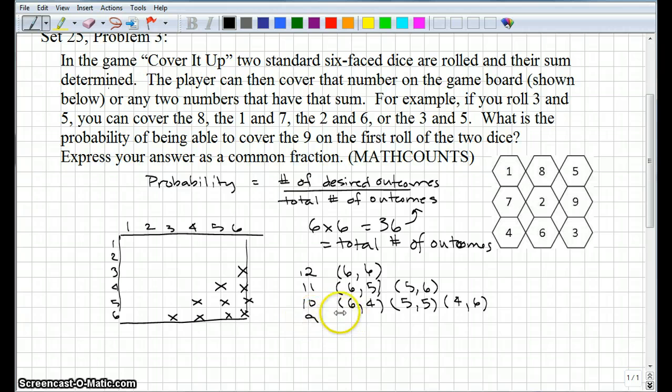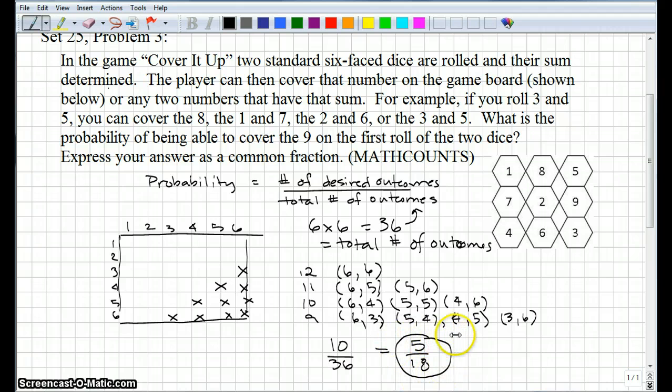And then for a 9, we'd have 4 possibilities, which would be a 6 and a 3, a 5 and a 4, a 4 and a 5, and a 3 and a 6. Okay, so we have 10 ways of being able to cover up the 9 out of 36 total possible outcomes. So that's 10/36, or if we reduce that down, we get 5/18. Okay, so that's our answer.